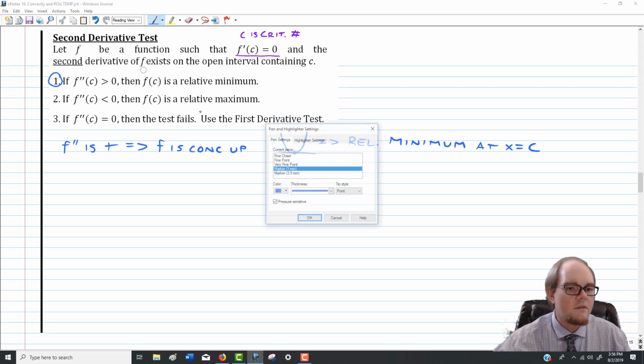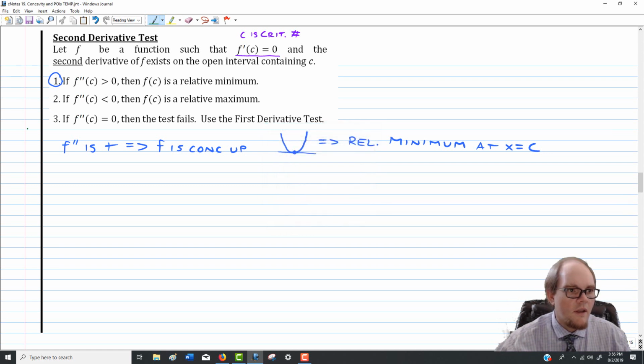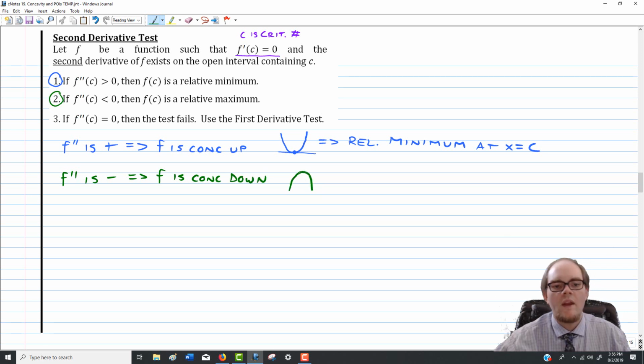On the flip side, if we look at the second statement, if we are told that f double prime is negative, then that means that f is concave down. So in other words, we have a sad face. We have a quote-unquote sad panda situation.